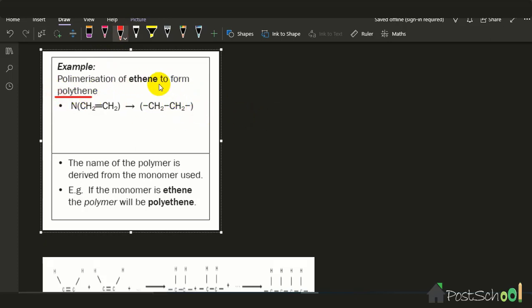So ethene forms polyethene, a series of chain combinations of monomers. The name of the polymer is derived from the monomer used. If the monomer is ethene, the polymer will be polyethene.